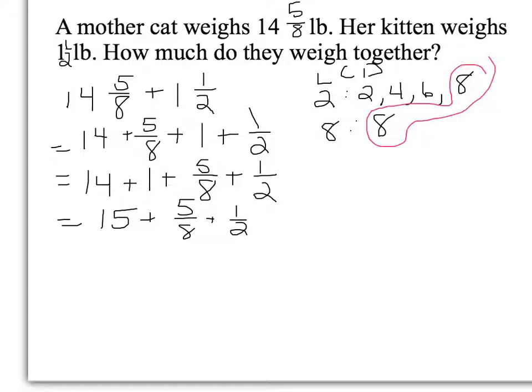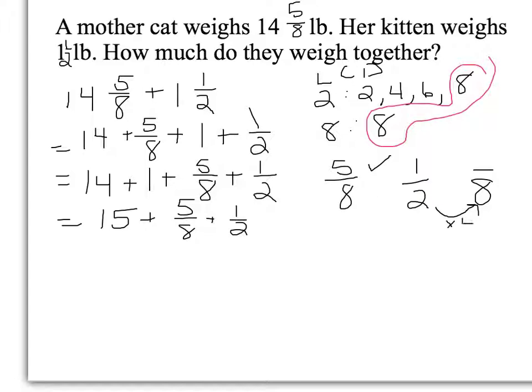So now we need to write 5/8. 5/8 is already something over 8, so we're done. Then we need to write 1/2 as something over 8. What times 2 gives 8? Another way you can think about it is 8 divided by 2 is what?